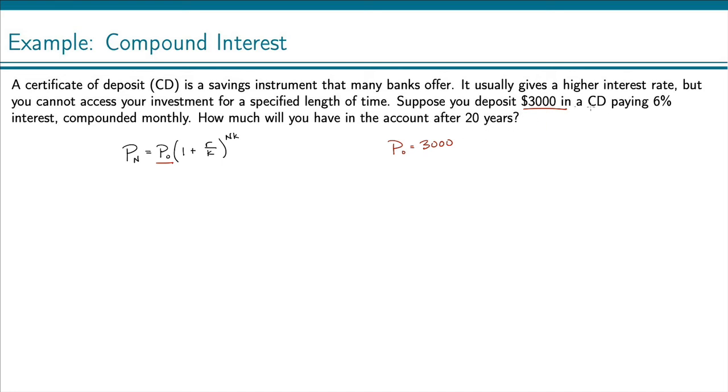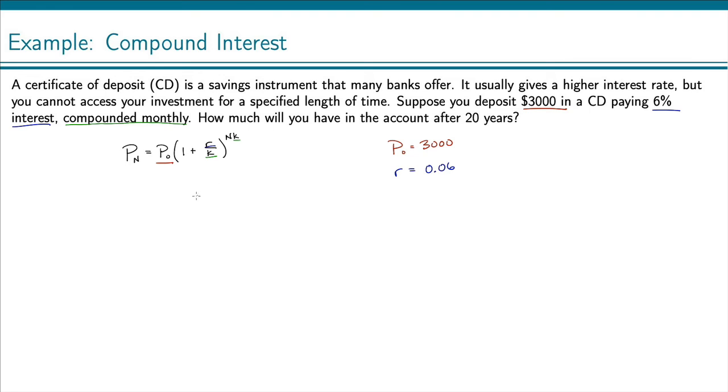Next, it's in a CD paying 6% interest. So that's our annual interest rate, that's R. So R is equal to 6%, or as a decimal, 0.06. Then we're told that it's compounded monthly. That's where this K comes in, which shows up in those two places.